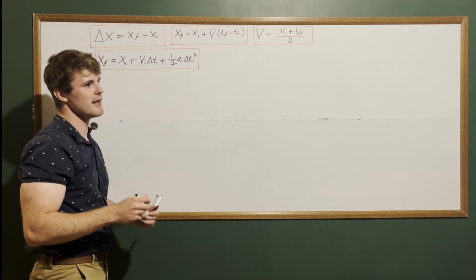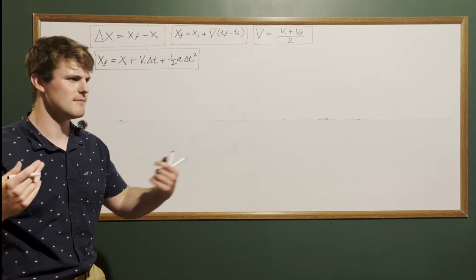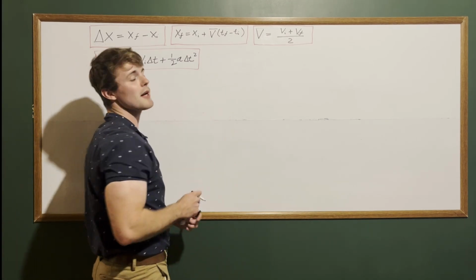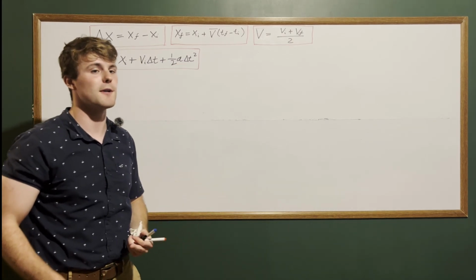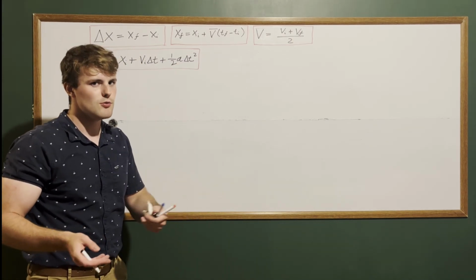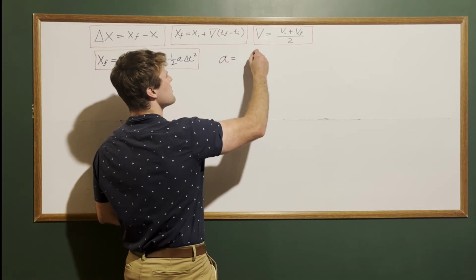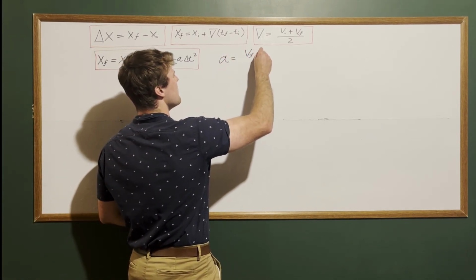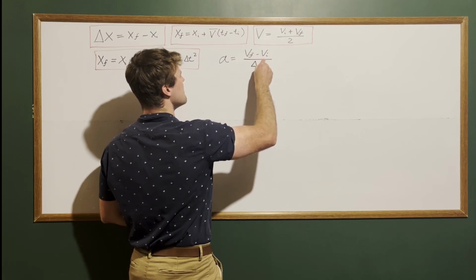And the way I'm going to do that is I need a different equation to plug in for delta t through substitution. So what I'm going to use, since I don't want to get rid of my acceleration variable, that's very important here, is I'm just going to use the definition of acceleration. a equals vf minus vi over delta t.